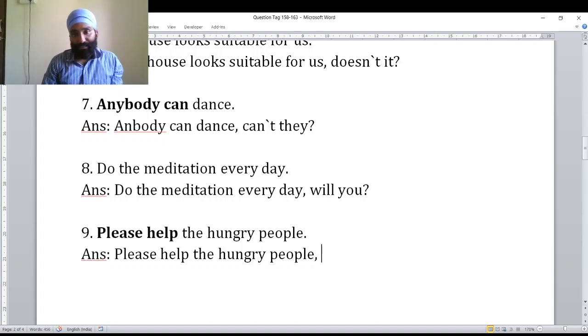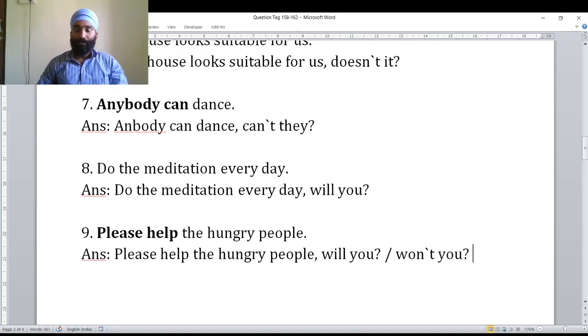You can add the tag will you, question mark, or won't you. If the sentence is beginning with please, you can add the question tag will you or won't you. Any one will be correct. But not in the eighth type of sentence. In those types of imperative sentences, you have to use will you only.